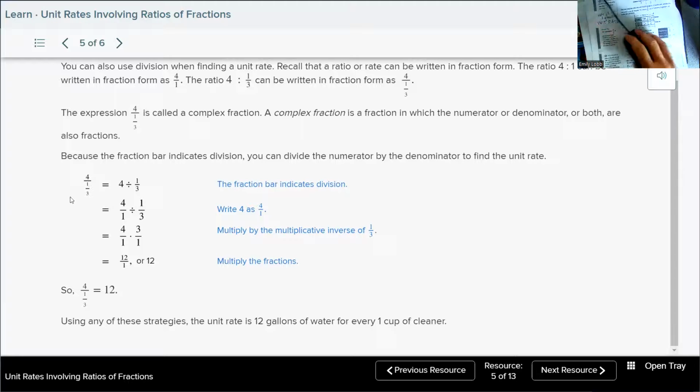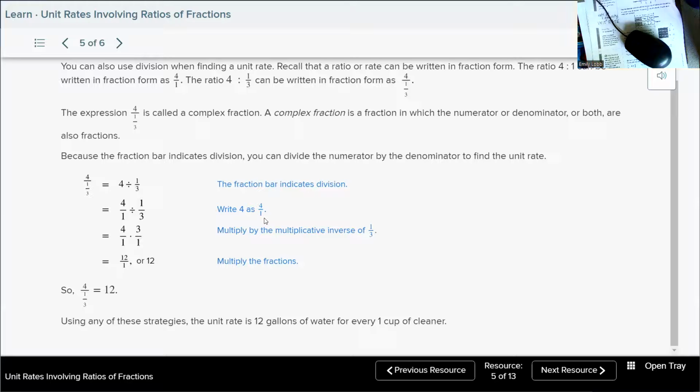So as we're looking at this fraction, 4 over 1/3, we know that we can say divided by for our fraction bar. So we'd read it from top to bottom, 4 divided by 1/3. When we divide and multiply by fractions, we have to change our mixed numbers and our whole numbers to a fraction. And our whole numbers we can change to a fraction by writing as that number over what?